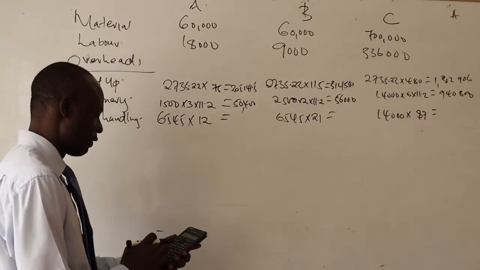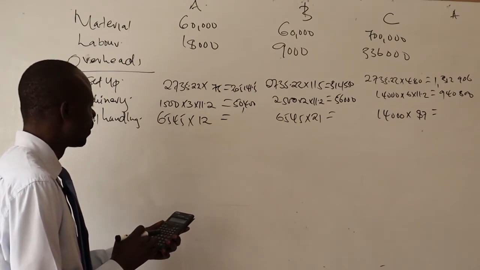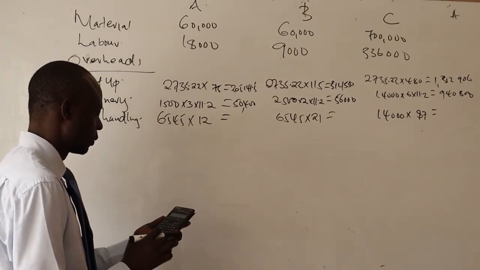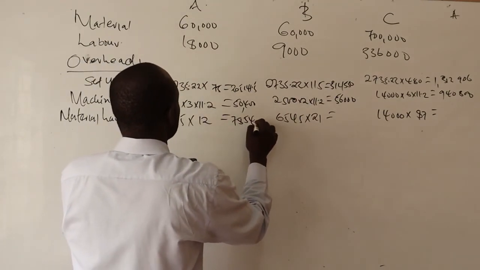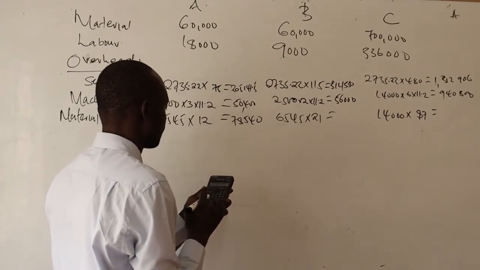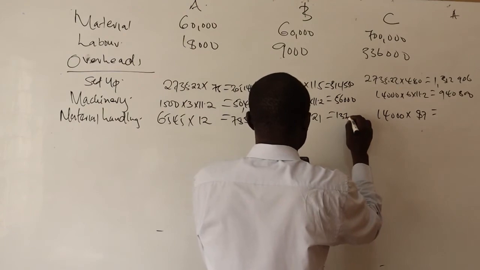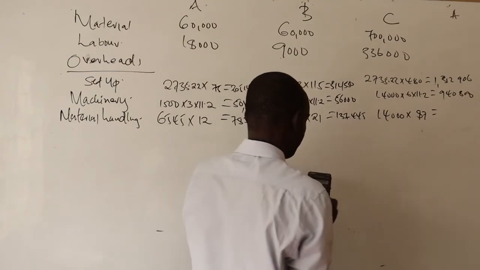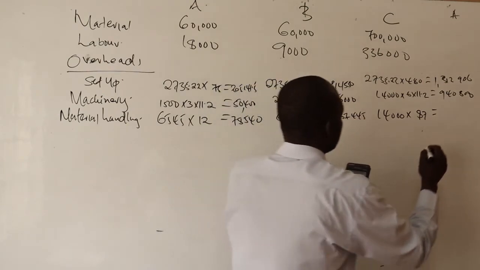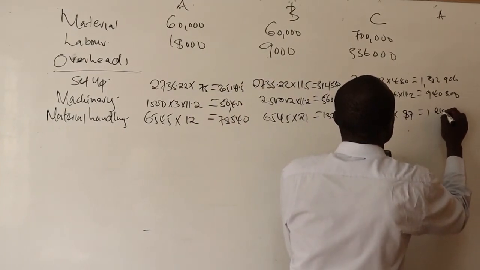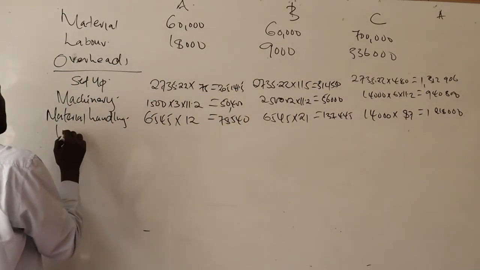So this is 6545. This is 78,540. This is 137,445. This is 1,218,000. And then lastly, we have inspection.